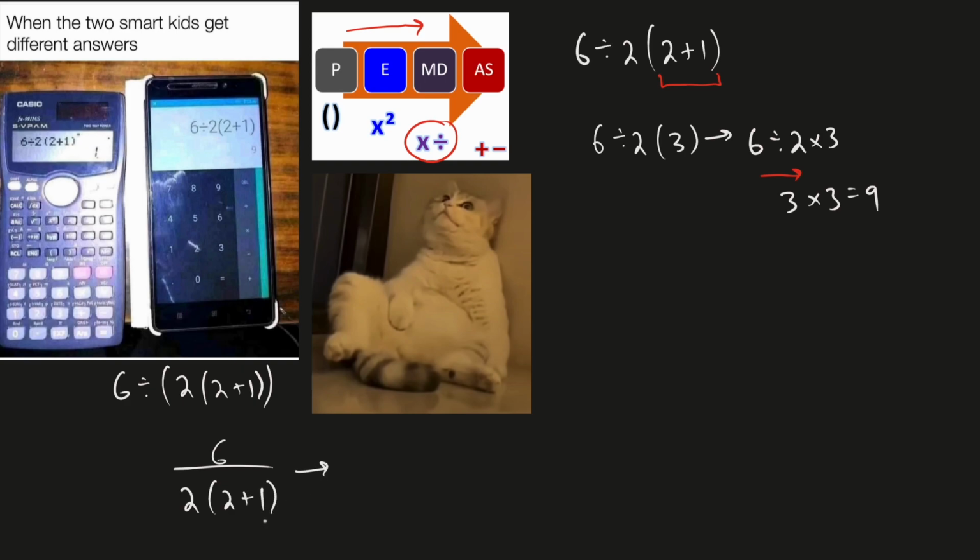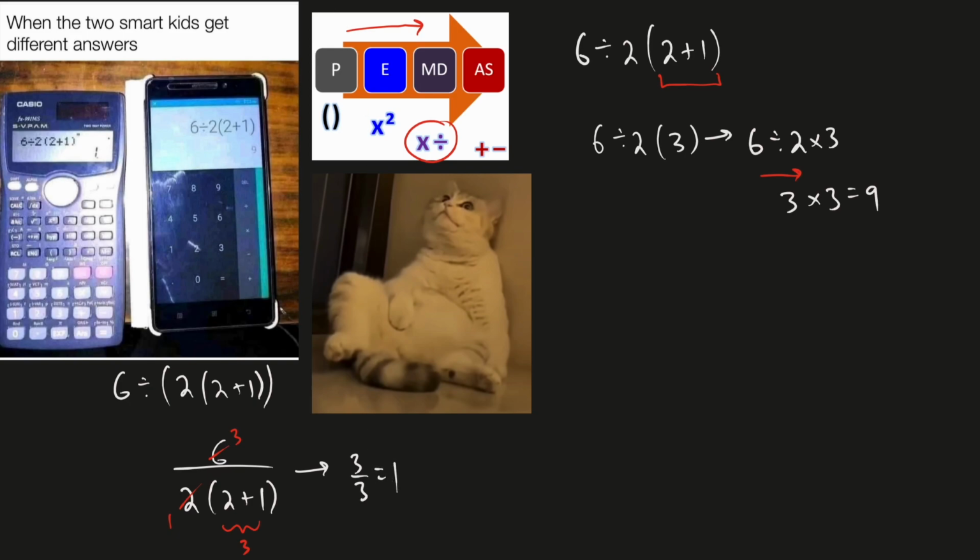And in doing this, we would obviously solve the denominator first, or we could even solve the numerator first by canceling out this 2 and this 6. We would have 1 over 3. This would become a 3, and then our answer here would be 3 over 3, which would give us 1.